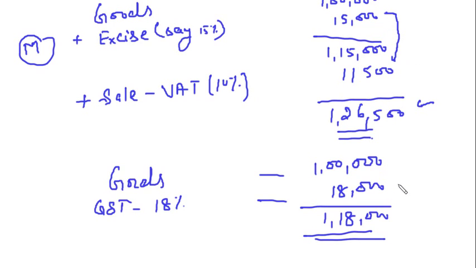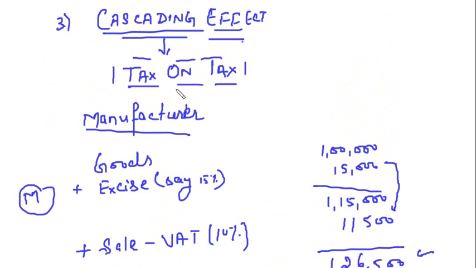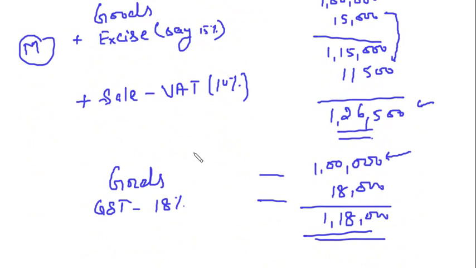Here there is no already paid tax. What you are paying is on the value of the goods. So this is one major reason for bringing GST in India, removing the cascading effect, the tax on tax system. This was a very wrong practice, which was there before 1st of July 2017, and it will be removed under goods and service tax.